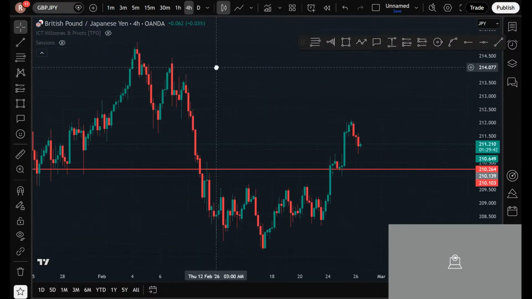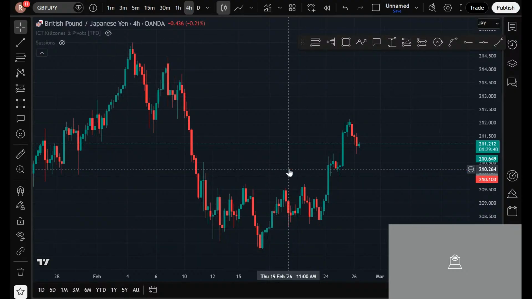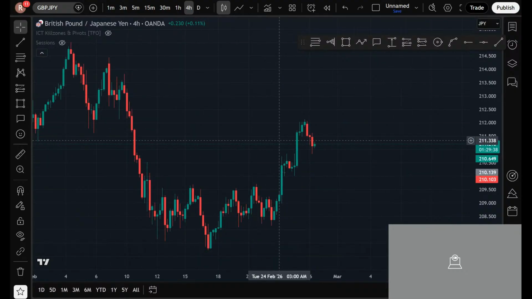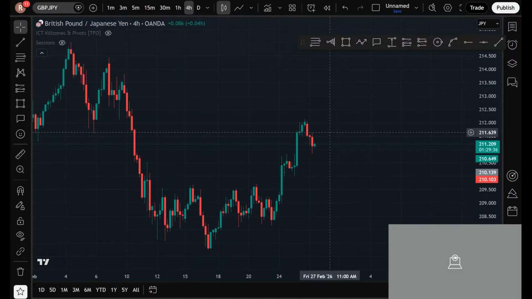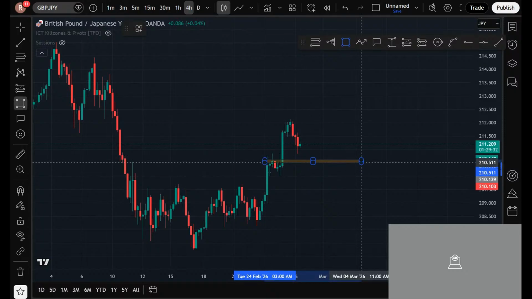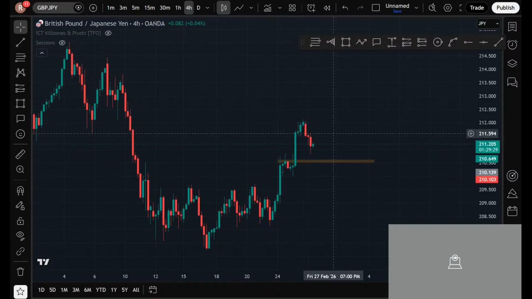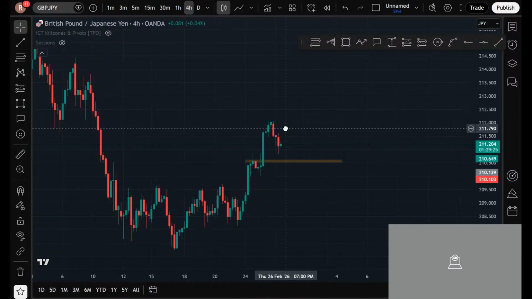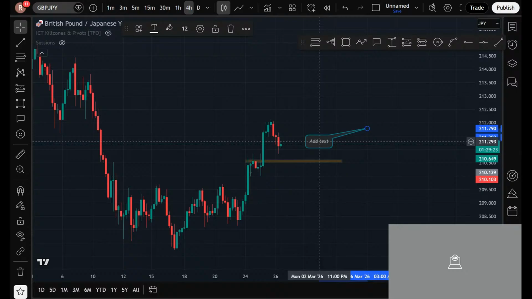So on GBP what we can see is buyers were in control, sellers, buyers, sellers. Buyers may step in from this area, but they also might take support from any area because sellers are weak, as we can see in this candle. So our bias is totally bullish.